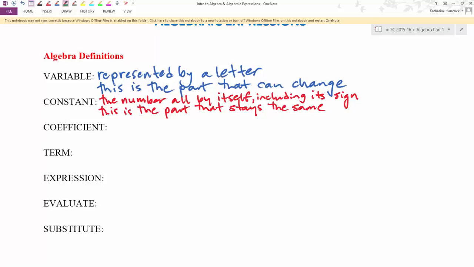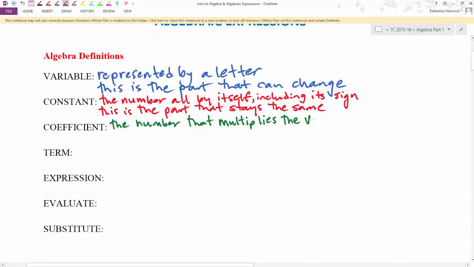Now the coefficient is the number that multiplies the variable, which means this is the number squished against the letters.